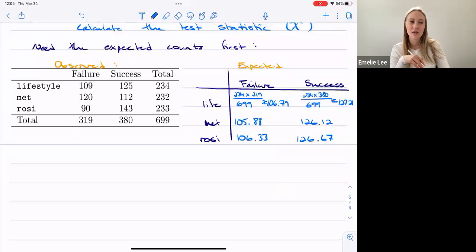So your totals should stay the same. Same thing if you do the column totals. 106.79 plus 105.88 plus 106.33. Let's see here.